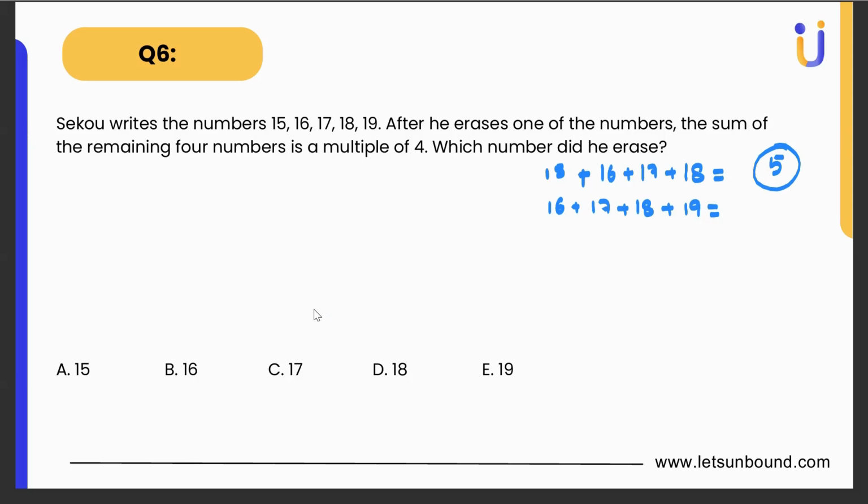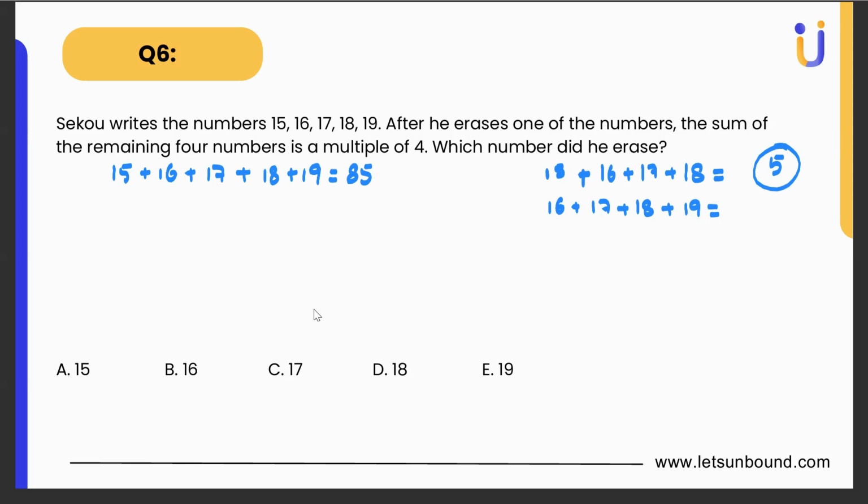Now, since we are short on time and we want to think about different strategies, we will try and evaluate the sum of 15, 16, 17, 18 and 19. So we are adding the total sum first to see which number should be erased such that I get a multiple of 4.